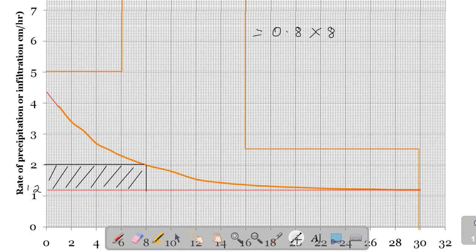Then next one, I am going to consider the squares. So first one, this one complete square, marking it as 1. Then if you consider this much area, you can take it as a second square. Then if you consider these two, approximately equal to the third square.